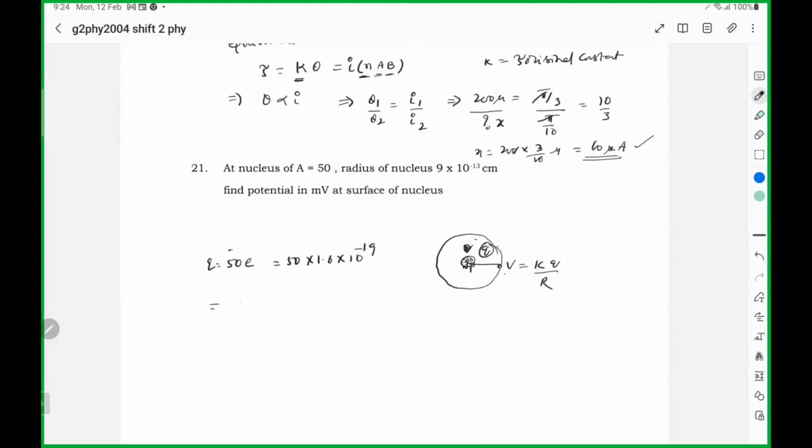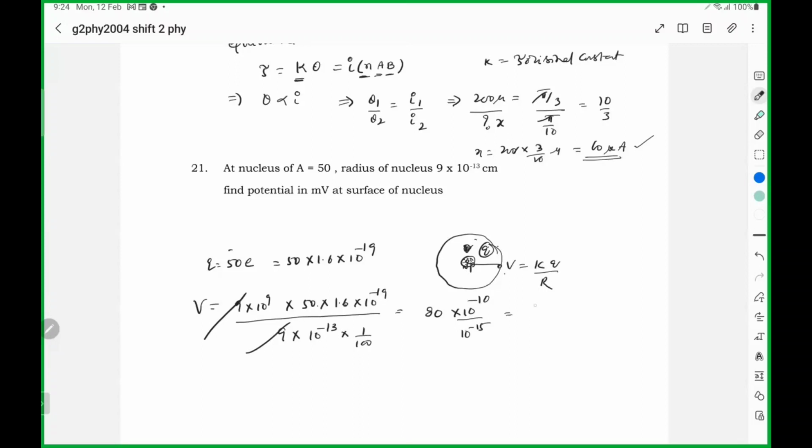So K is 9 into 10 power 9. Q is 50 into 1.6 into 10 power minus 19, by radius of the nucleus 10 power minus 13 centimeters, that is 10 power minus 15 meters. So 9 get cancelled. 50 into 1.6, that is 80, into 10 power minus 10 by 10 power minus 15.